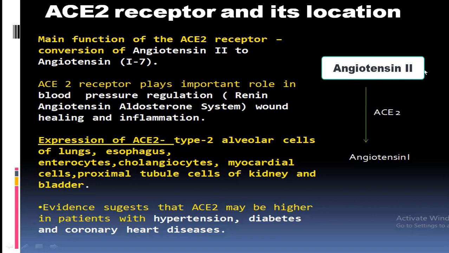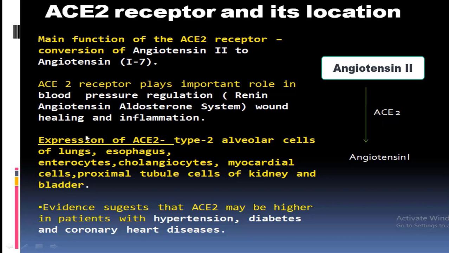If the spike protein binds with this ACE2 receptor, that means this ACE2 receptor is no longer functional to perform its normal function. That means at that moment there will be a problem in blood pressure regulation, wound healing and inflammation.